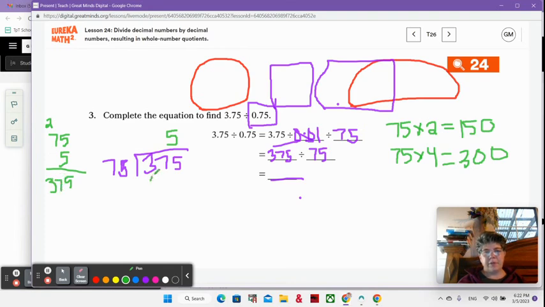So that's going to be 375. And then we can subtract. Is there nothing left to bring down? And we're at 0. So 375 divided by 75 is 5. 375 hundredths divided by 75 hundredths is 5. It's kind of cool. You feel your brain growing?